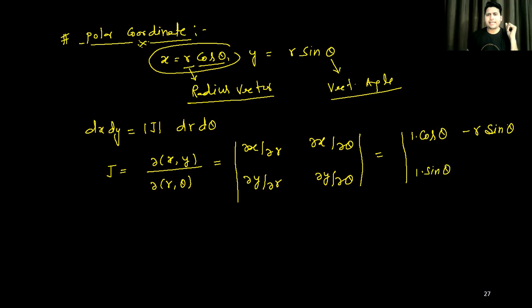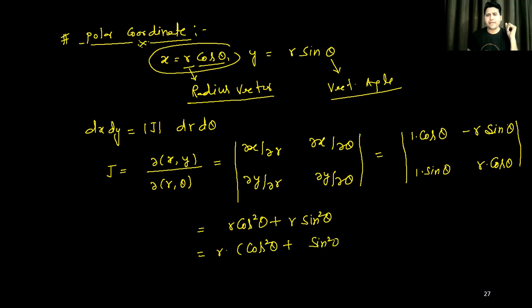In the same manner, del y over del theta: r as it is, and the derivative of sin theta is cos theta. Simplify. So it will be r cos square theta plus r sin square theta. r can be taken outside. What is left? cos square theta plus sin square theta, and the value of cos square plus sin square is 1. That is, the Jacobian equals r.